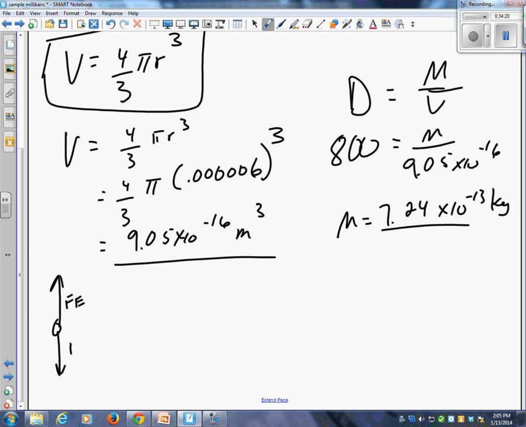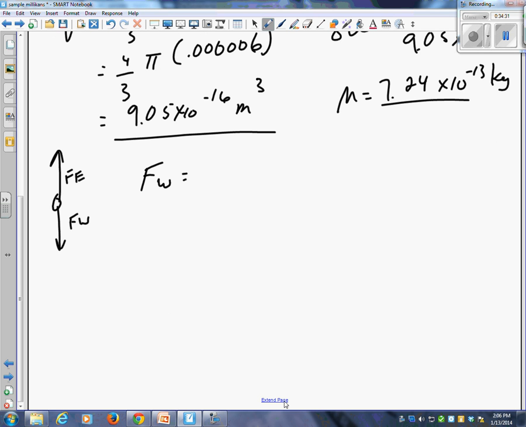So your next step now is to find the weight force, right? Mass times gravity, so my mass is 7.24 times 10 to the minus 13 times 9.8.